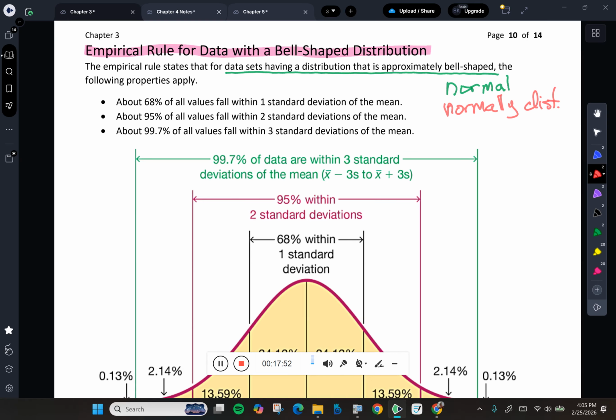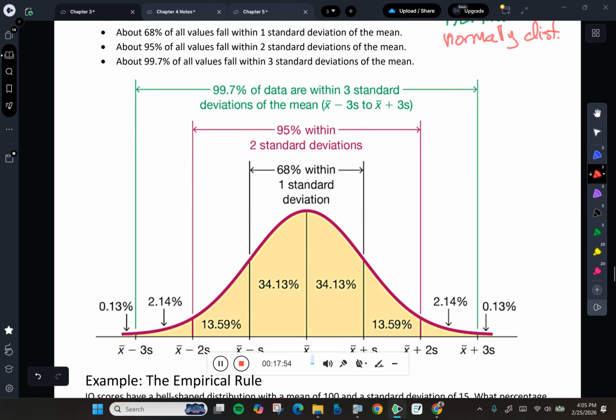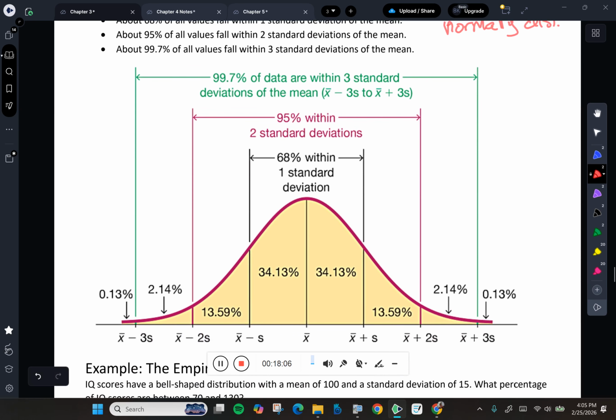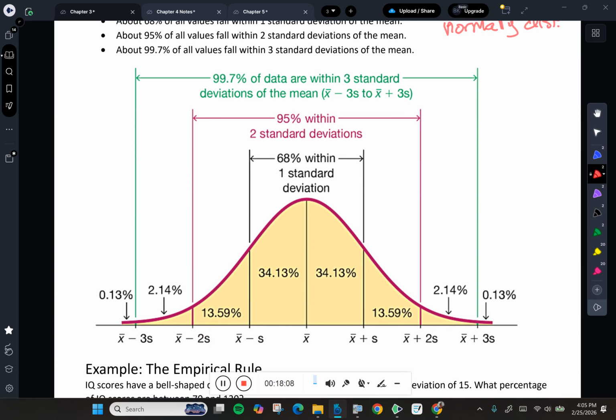And the empirical rule tells us that if you have data that is normal or approximately normal or normally distributed or bell-shaped, that this math representation down here will be true for your data set. That is, if you have a known mean and a known standard deviation, if you go 1 standard deviation above or below the mean, that middle chunk of your distribution is going to represent about 68% of the data.